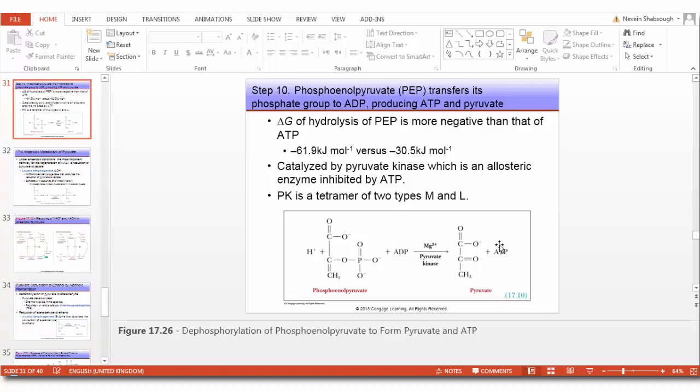Delta G of hydrolysis of PEP is more negative than that of ATP. Pyruvate kinase is an allosteric enzyme and is inhibited by ATP. It is a tetramer of two types, M for muscle and L for liver, and we will talk about its control towards the end. End of part 1.